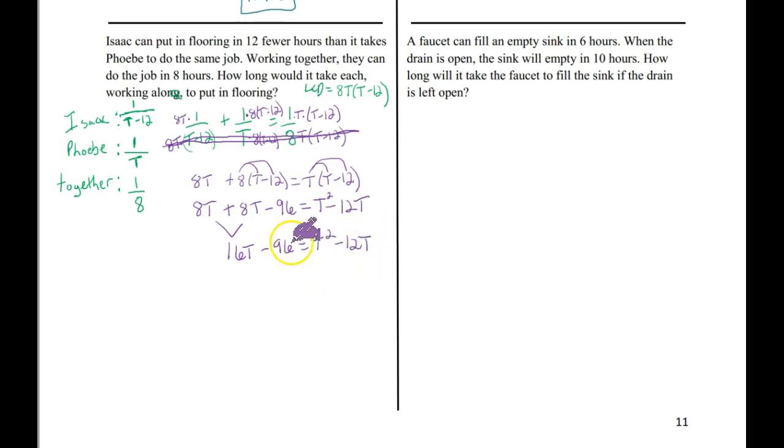And then from here, I see I have a t squared. And this means it's not linear. I need to get everything on one side and try to factor. So I'm going to go ahead and subtract everything from the left and move it to the right, because I want to keep that t squared positive since it's the highest degree.